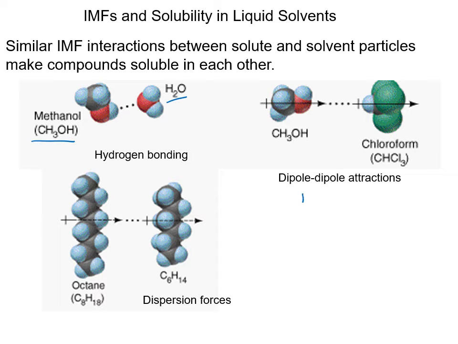Here we have two polar molecules, ethanol and chloroform. So we're going to have dipole-dipole attractions. Now, we'll also have London dispersion forces. And then this last one, we have two nonpolar molecules. They cannot have dipole-dipole attractions. The only thing they can have is dispersion forces attracting them together.